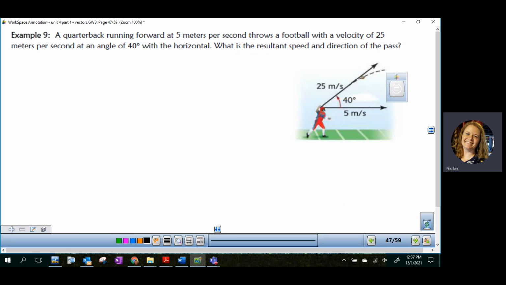Yeah, what would that be as an angle, degree? 0. 0 degrees, good. Okay, so I'm gonna put that on my picture. So this vector, the magnitude is 5, the direction angle is 0. And this vector, the magnitude is 25, the direction angle is 40. Okay, so that's what I'm gonna first put both vectors in component form.